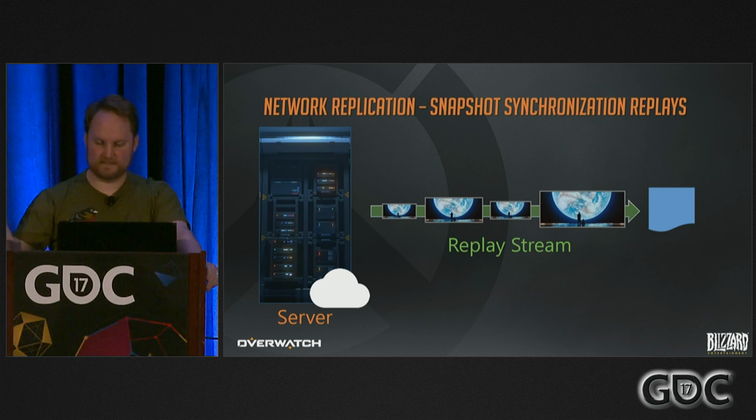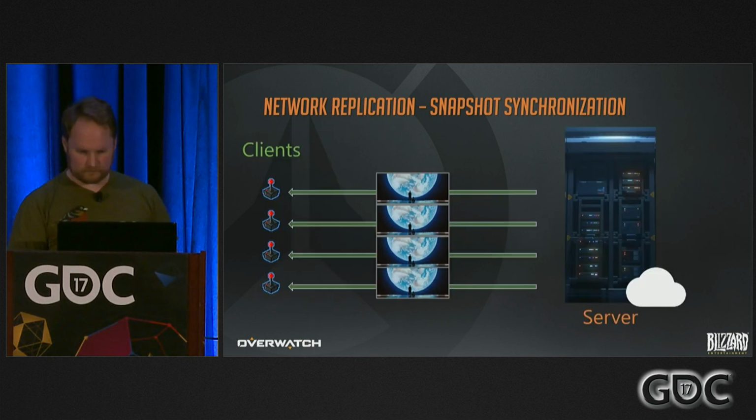Notice here that I've varied the size of some of the snapshots. You can imagine that the size of each frame here is a proxy for the serialized size of the snapshot. Some frames have less changing, and thus will be smaller. In this case, though, you can see I've also varied the pipe size. And snapshot sizes are kind of the Achilles heel of snapshot synchronization. It places limits on the size of your world state or the amount you can change on a single frame within your world state.